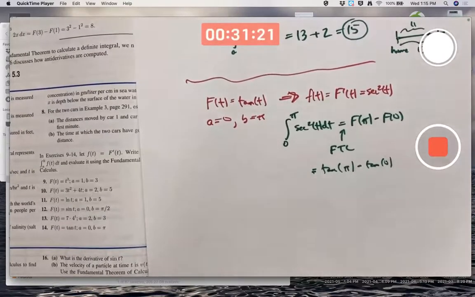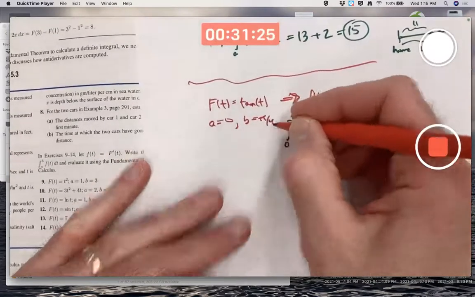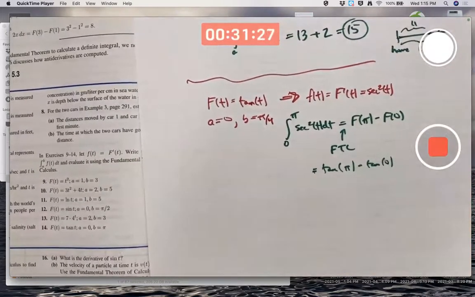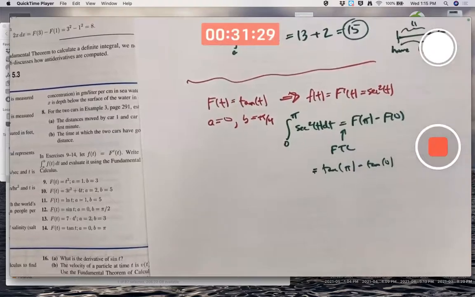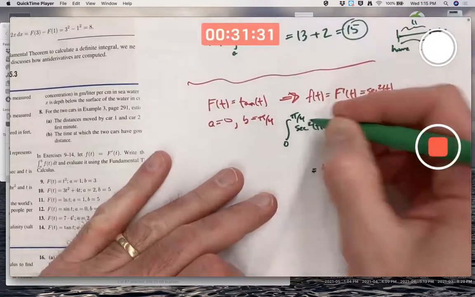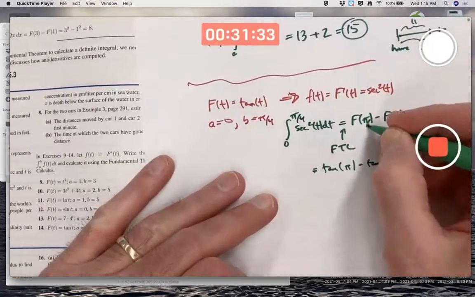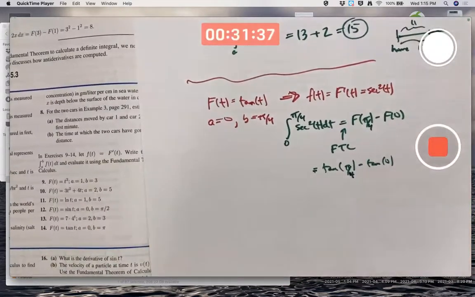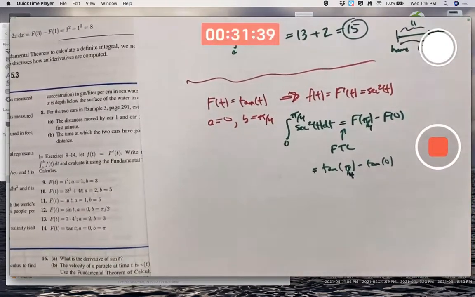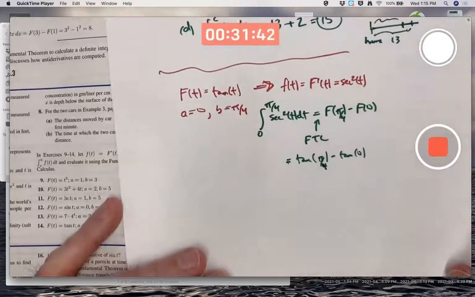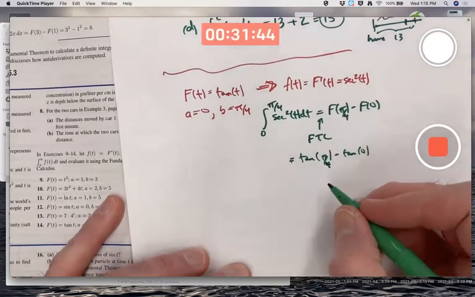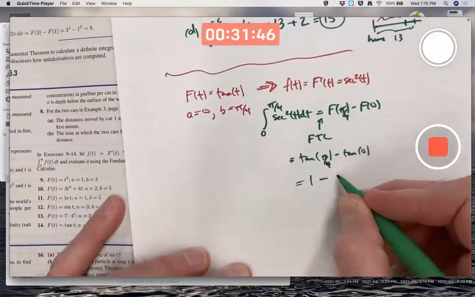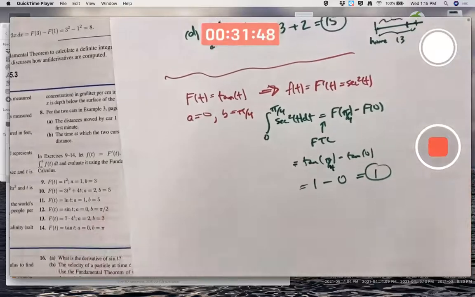Let me change this pi to be pi over 4. All those pi's get changed to pi over 4. Tangent of pi over 4 is actually 1, and tangent of 0 is 0. The answer is 1 here if I change it to pi over 4.